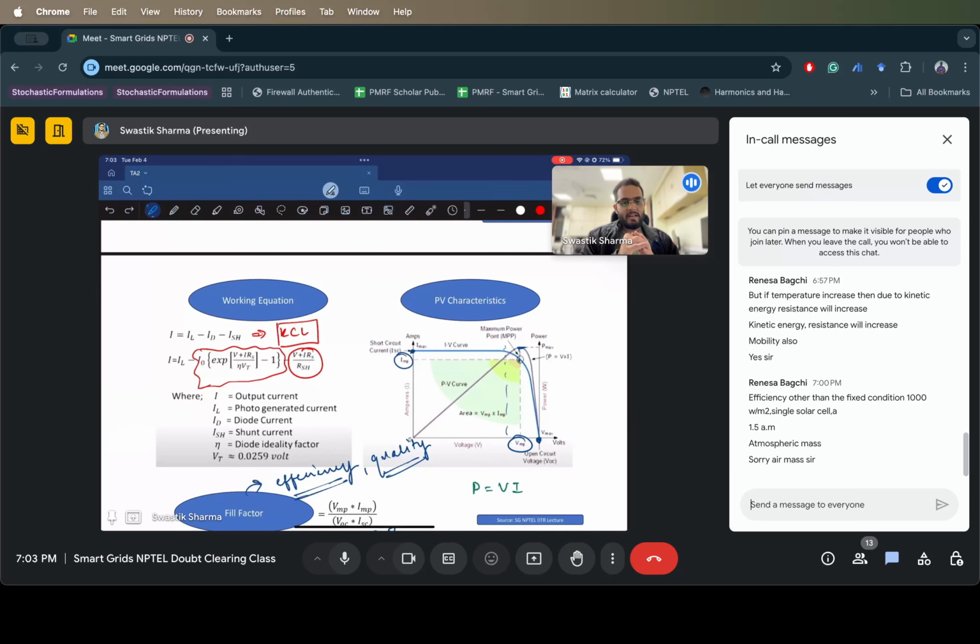So you're saying other than the fixed conditions, what is the relation between efficiency and temperature? Okay. Because, sir, on increasing the temperature, the short circuit current will slightly decrease, sir, and the open circuit voltage will increase with the increasing temperature.